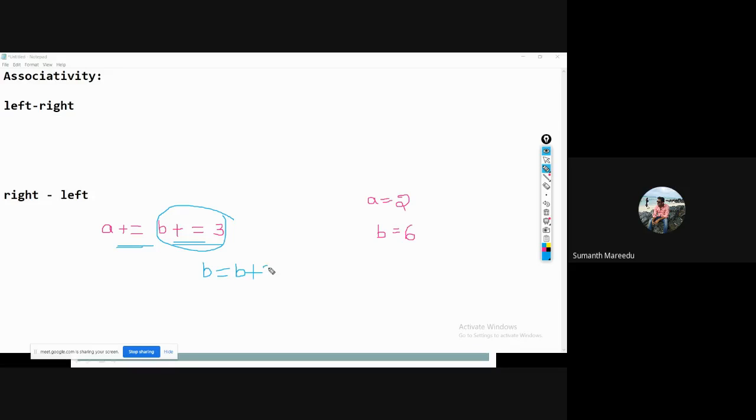What is the value of B? 6 + 3, so B becomes 9. And for A, now it becomes A += 9, since B is already evaluated and its value is 9. A = 2 + 9, and the A value is 11.